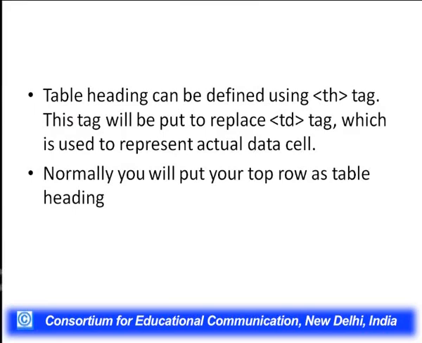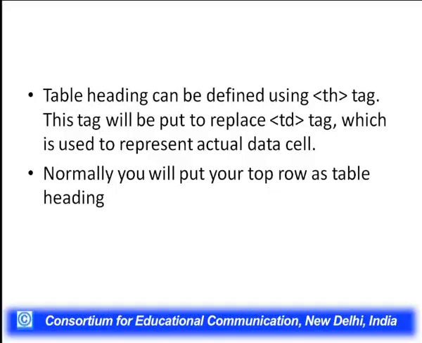Besides the normal table data that is specified, we have often seen that tables also have headings. The first row of any table is basically the headings row. So, table headings can be specified using the th tag instead of the td tag.